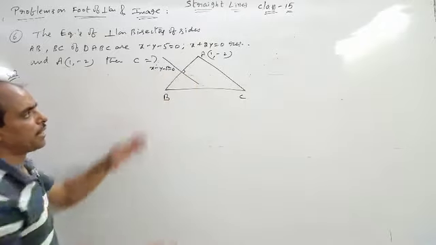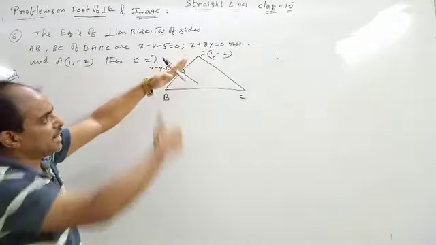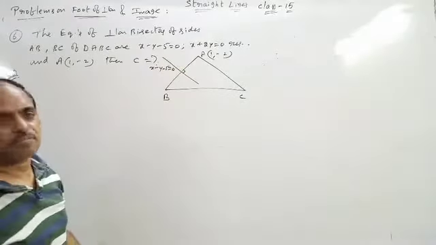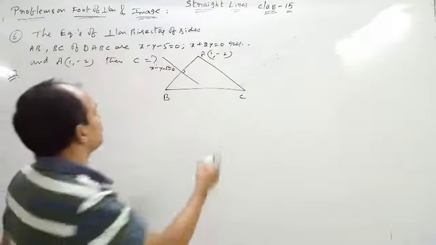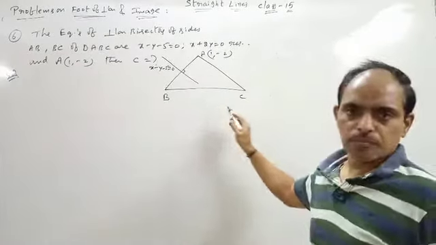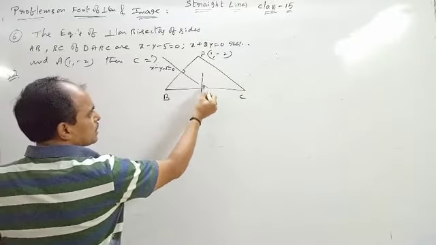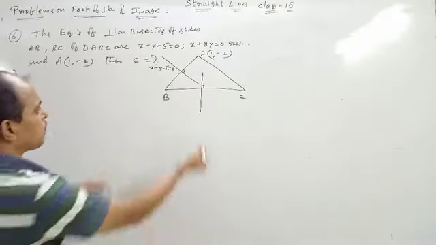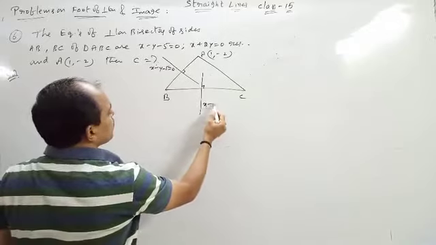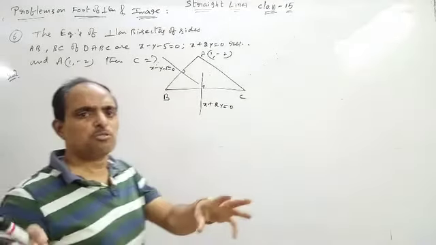This is the perpendicular bisector of side AB, this line cuts AB exactly in half. Next, what about the second line? This is BC. This line also bisects BC, a perpendicular bisector. This is nothing but x plus 2y is equal to 0. So this is the information given in the question.